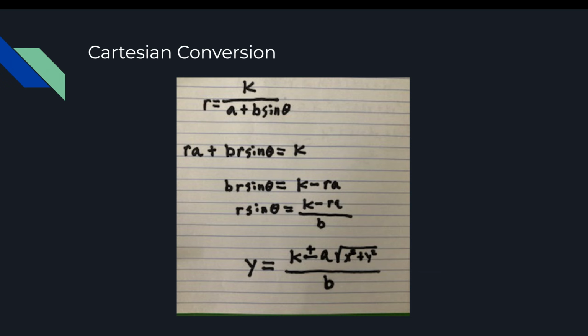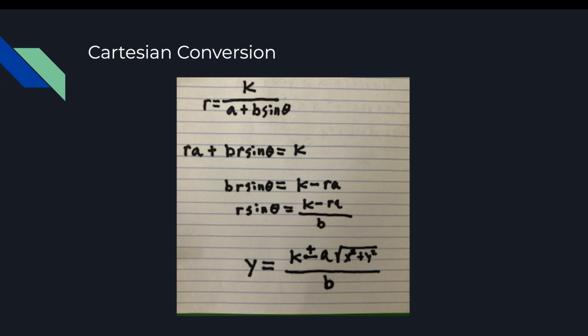So we end up getting r sine of theta equals k minus ra all over b. So we know that r times sine of theta is equal to our y value, and our r value is equal to the square root of x squared plus y squared.